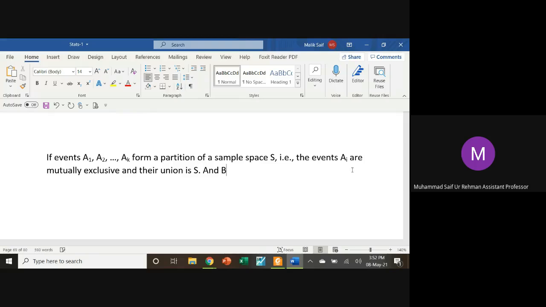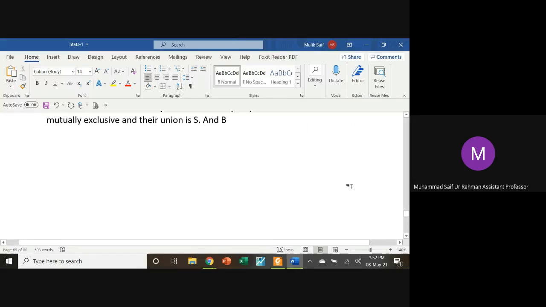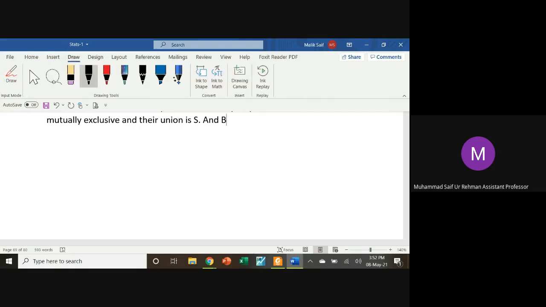And B is another event. Let me draw the diagram simultaneously so you may understand the story that I want to explain.